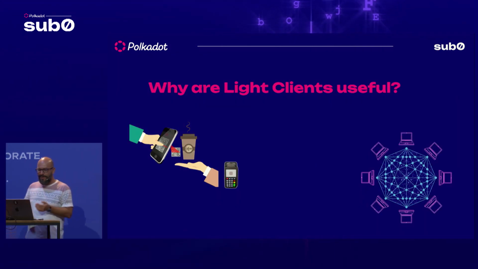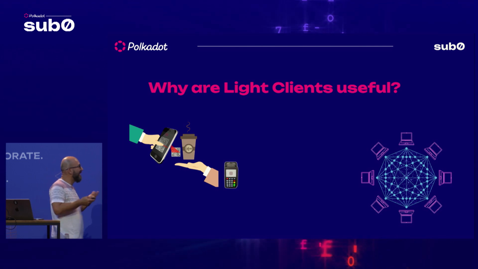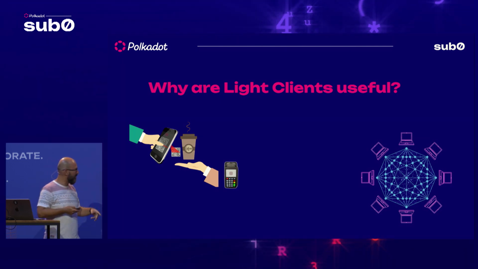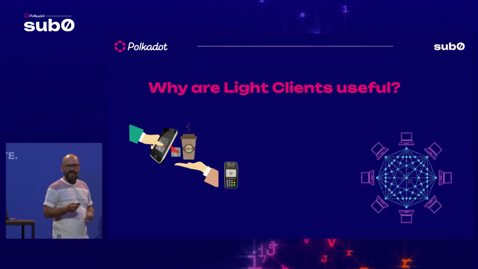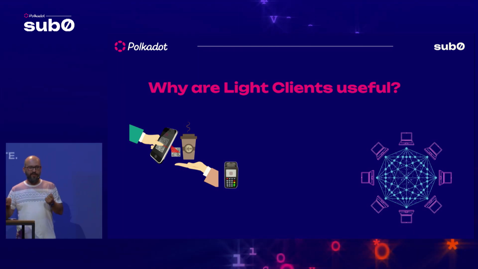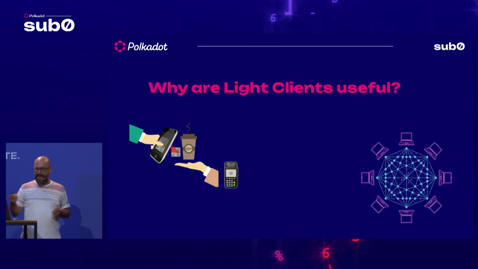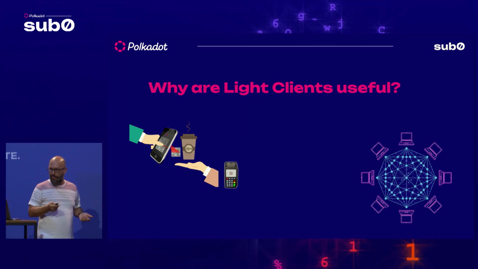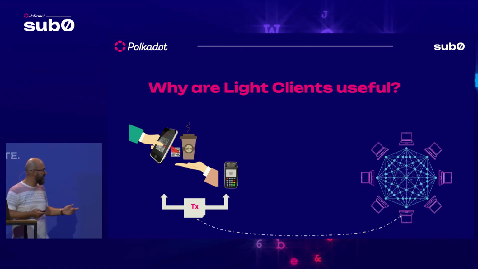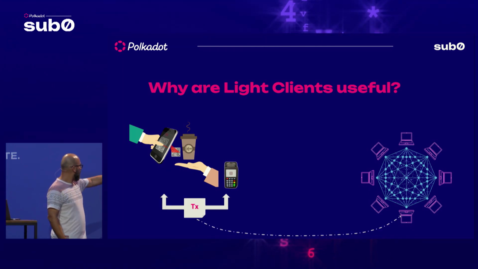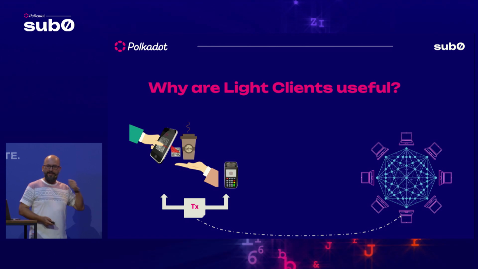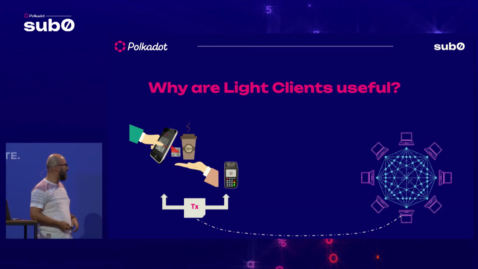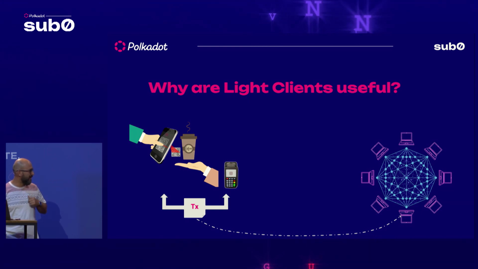So what are light clients? Why are they useful? Let's see a very simple use case, when somebody is trying to buy a coffee in a coffee shop and pays with his or her mobile wallet. The transaction is created between the clients, then signed and sent to the network, expecting to be included in the chain.